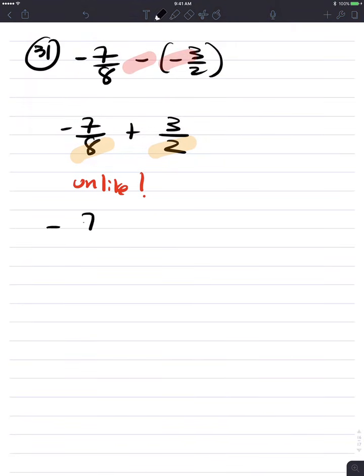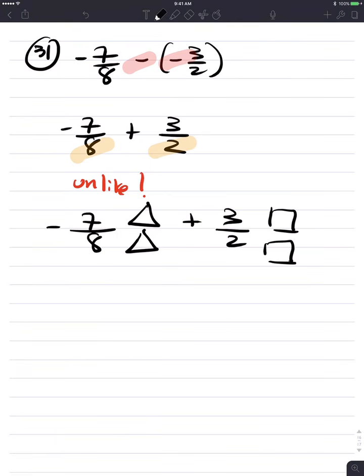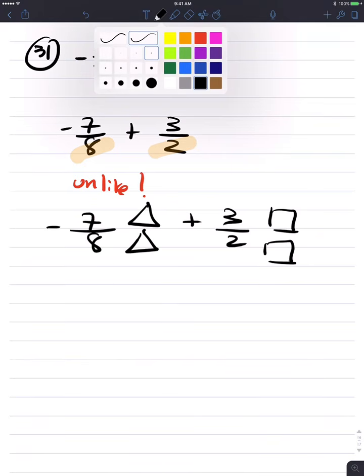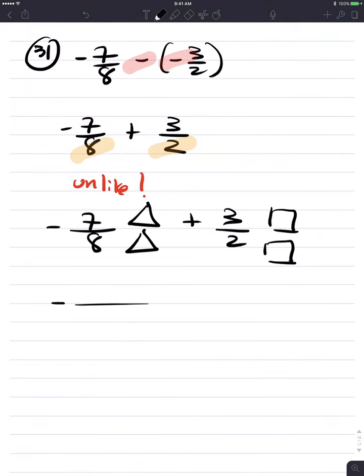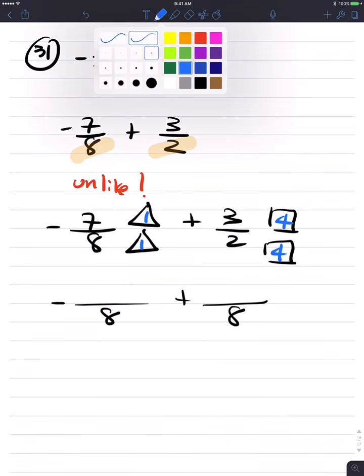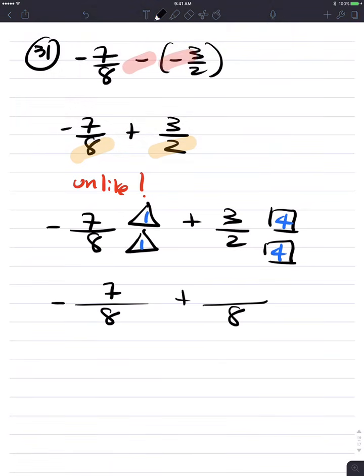You have to go through our setup. The LCM of 8 and 2 we're going to find is 8. So let's find what goes in our triangles and our squares. 8 times 1 is 8, and 2 times 4 is 8. So we're going to get 7 and 12.